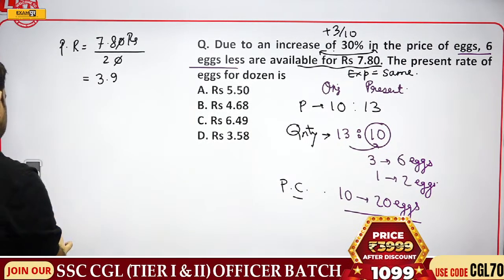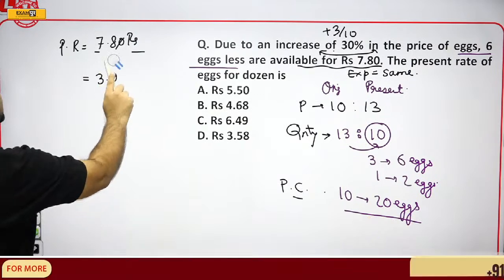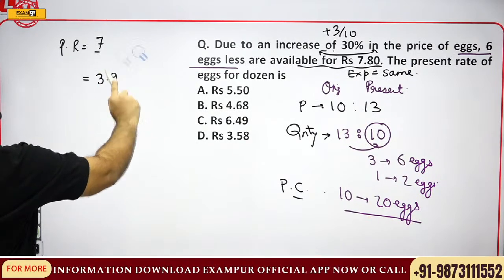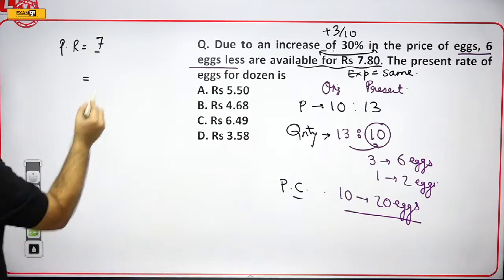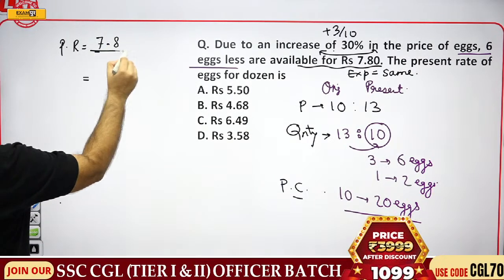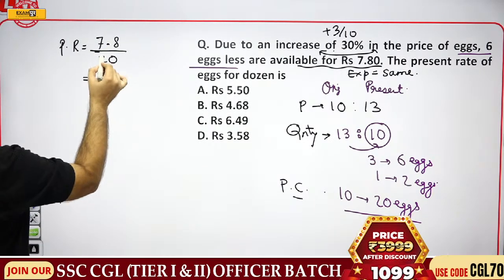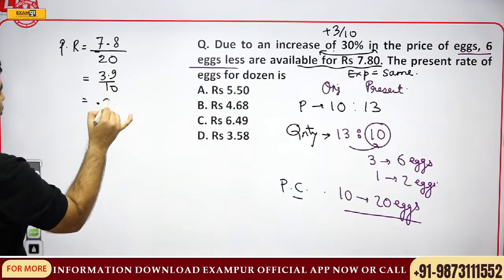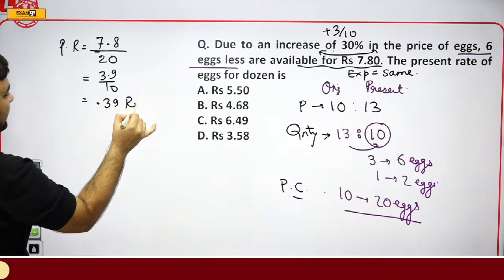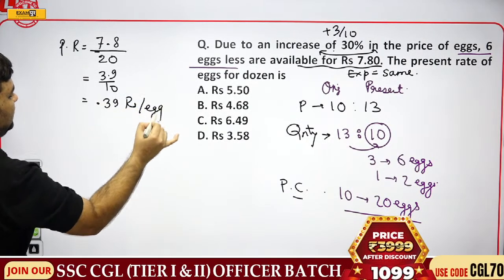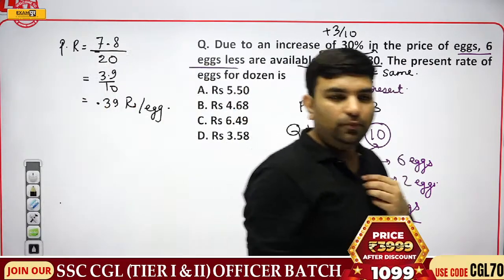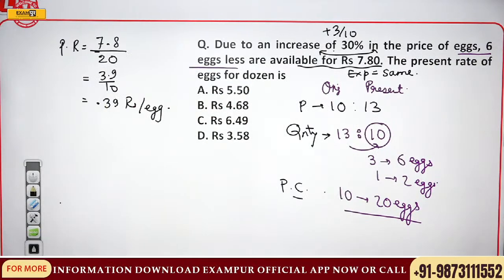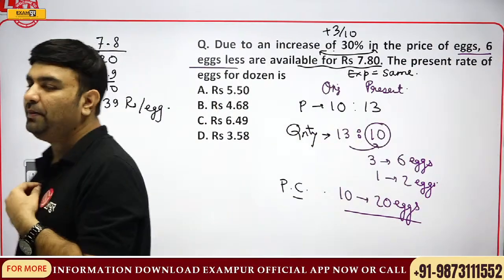Okay, just a minute. It is basically 0.39, bacha. For 7.8 rupees, 20 eggs are there. So it is 3.9 divided by 10. So present price is 0.39 rupees per egg.